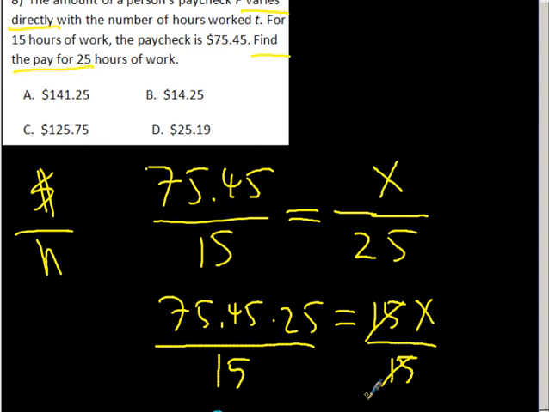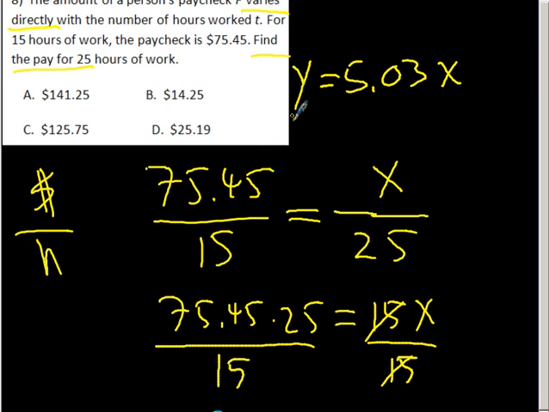If you want to solve for k, you can do that. I think if you solve for k, it turns out to be 5.03, if I'm remembering correctly. You can check that if you want. Could be wrong, but I'm pretty sure it was 5.03.